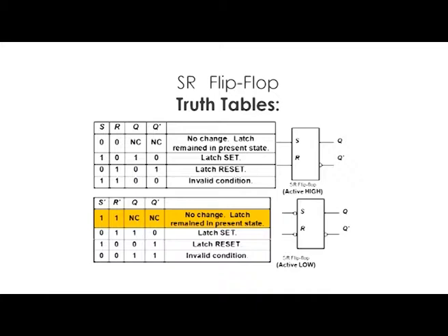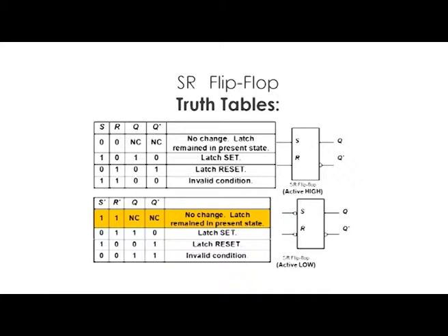You should compare it with the no change condition of the active high flip flop. For the active high flip flop, the no change condition is 0 0 inputs, that is, set and reset were 0. But in the case of active low, 1 and 1 ensures the no change condition. This is the first difference.